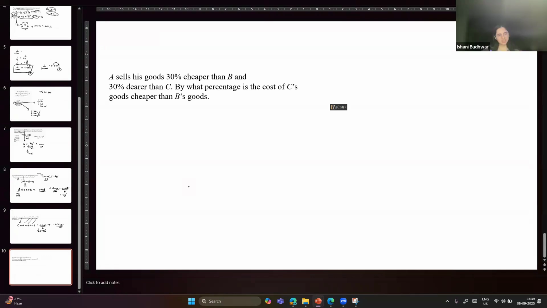What is dearer? More expensive. Okay. So by what percentage is the cost of C's goods cheaper than B's? So what is the base here? What are they asking? What do we have to compute?